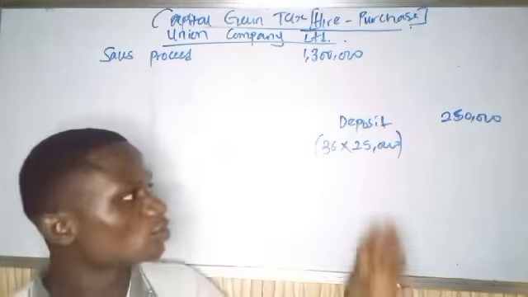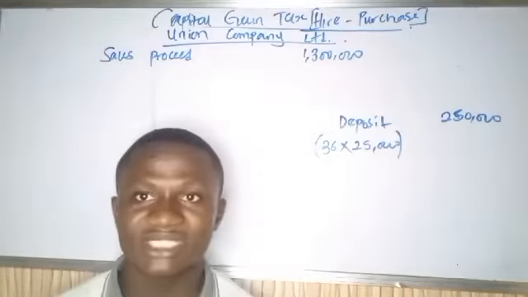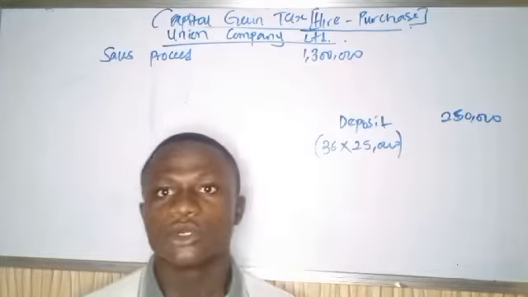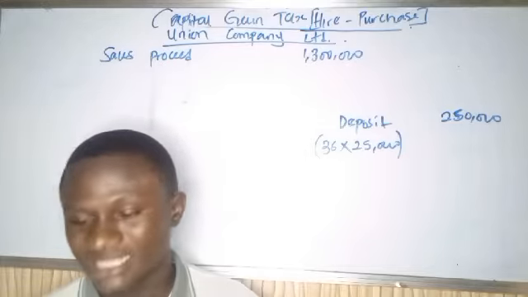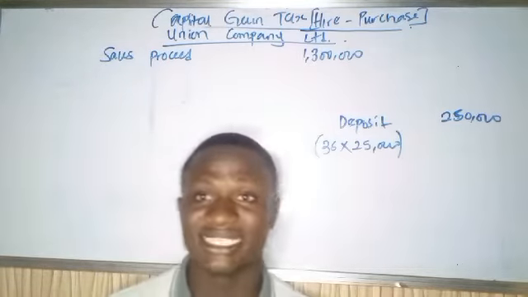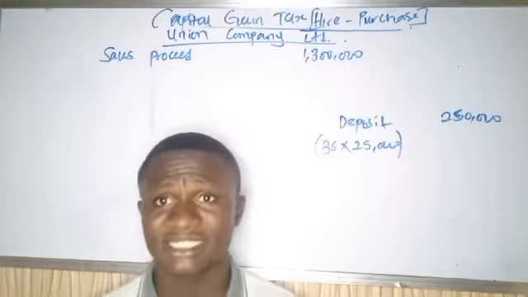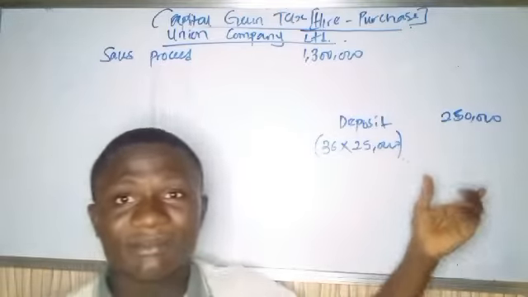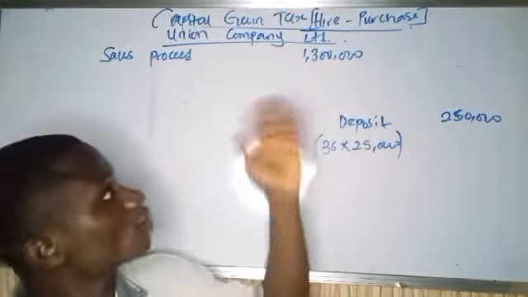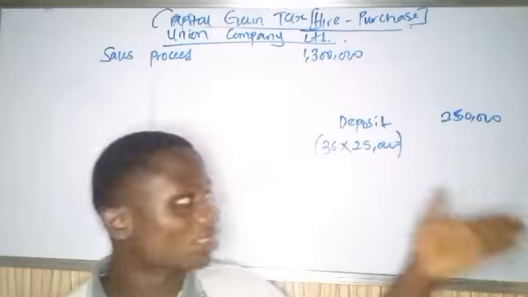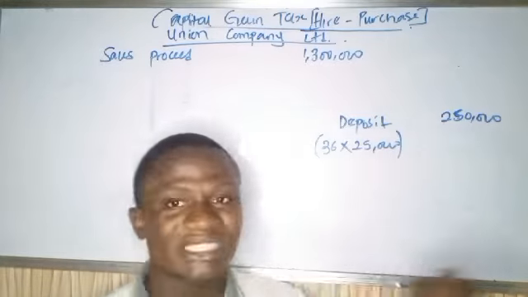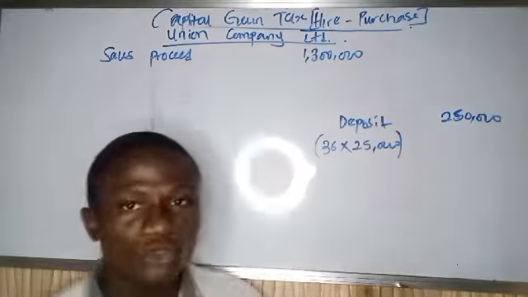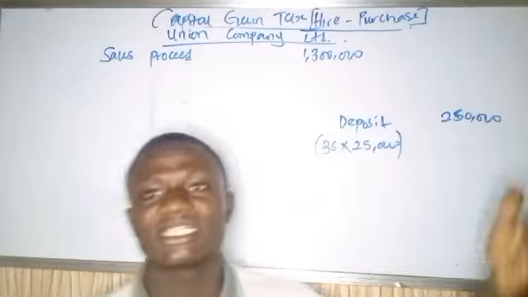So what I want to calculate here is the total amount of money this particular person is paying. We have been told in the question that the market value, the cash price of the asset, is 790,000. But that is not the amount of money this company is paying for the asset. I want to calculate the amount of money they are paying. And how am I going to estimate that? The deposit they made plus the amount of their instalments times how many times they paid it.